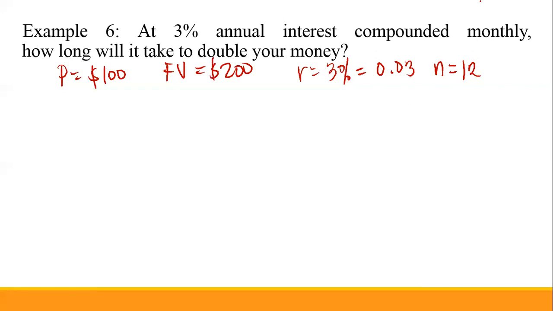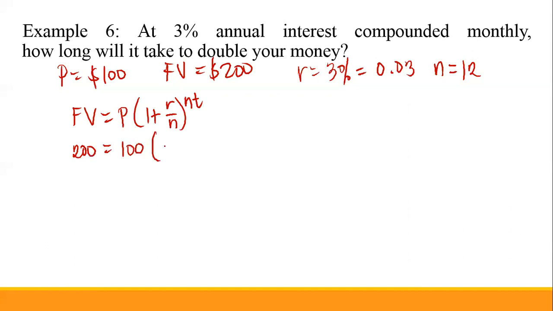So if we're going to plug this information into our formula, so always practice to write yung equation o yung mga formulas natin para mas madali na lang sa pagsusolve. Alright? So this is 200 and this is 100 times 1 plus 0.03 over 12 raised to 12 times t.